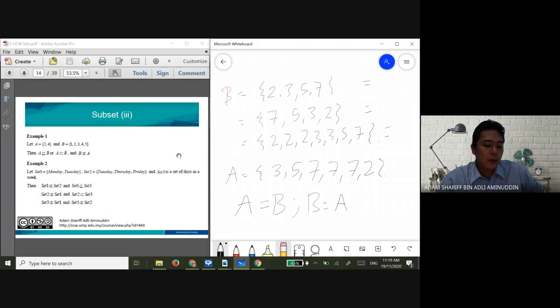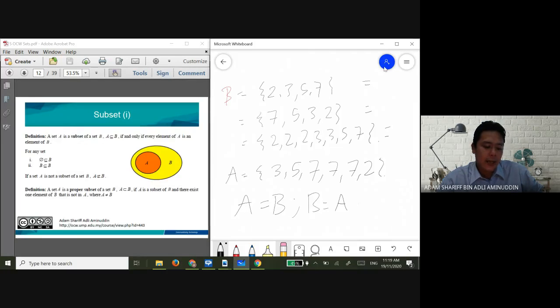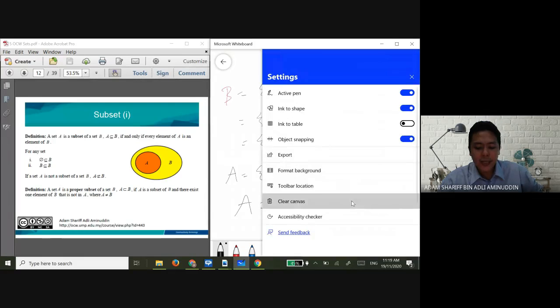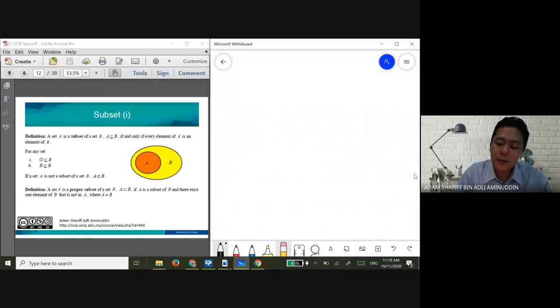Now I will go to a slightly harder concept, which is the concept of subset. In discrete mathematics, you must master the definition. Suppose you have two sets, A and B. A is a subset of B if and only if, you have learned logical connectives, every element of A is an element of B, as exhibited in the diagram.